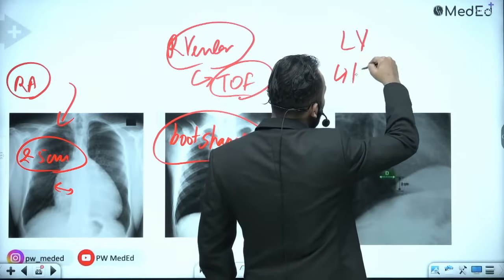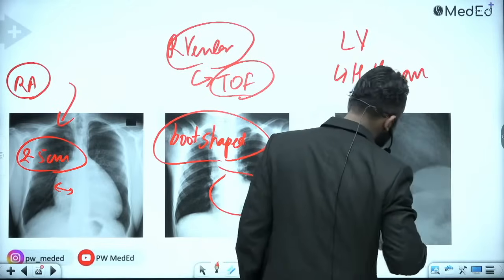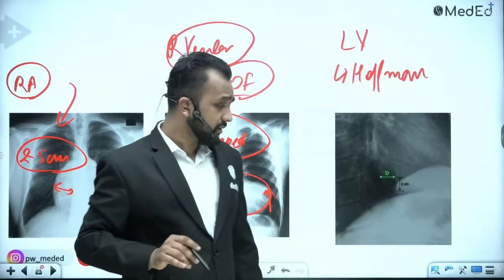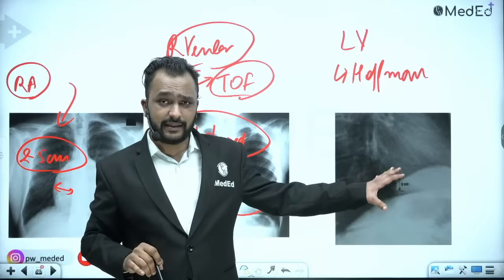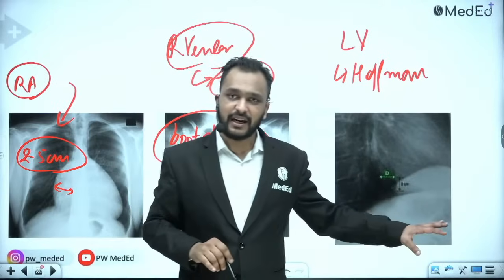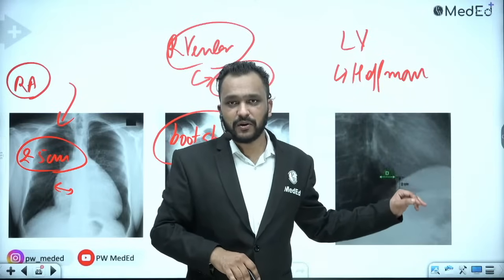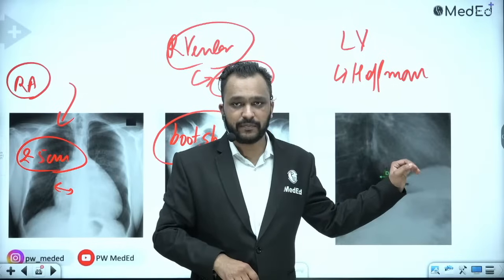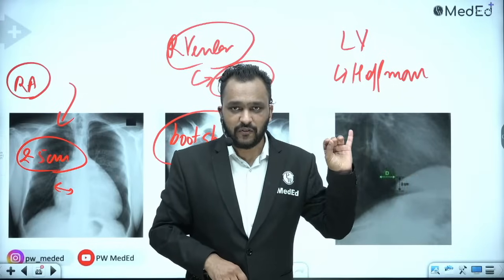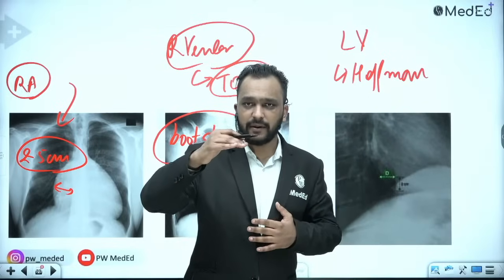And one more sign that you can remember, in left ventricular enlargement, you will see Hoffmann-Rigler sign. You can just remember that it is seen in patients with LV enlargement. You will measure the distance of the posterior border of the heart from the IVC 2 centimeter above the diaphragm.